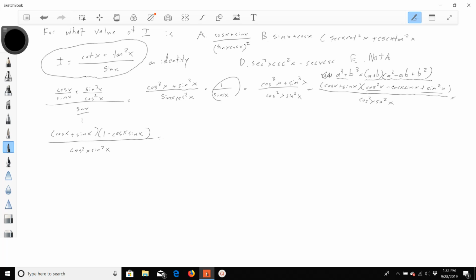Now I'm going to FOIL the numerator. We're going to get cosine x minus cosine squared x sine x. Still can't get over that sine x pun I made. Anyways, plus sine x minus cosine x sine squared x, all over cosine squared x sine squared x.